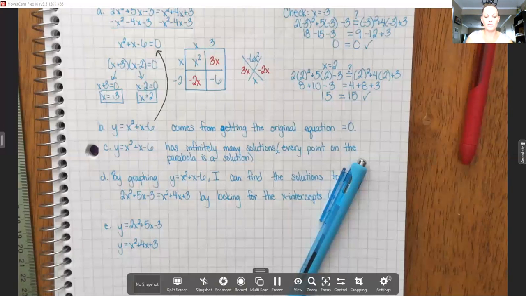So let me type those in. 2x squared plus 5x minus 3, and y equals x squared plus 4x plus 3.